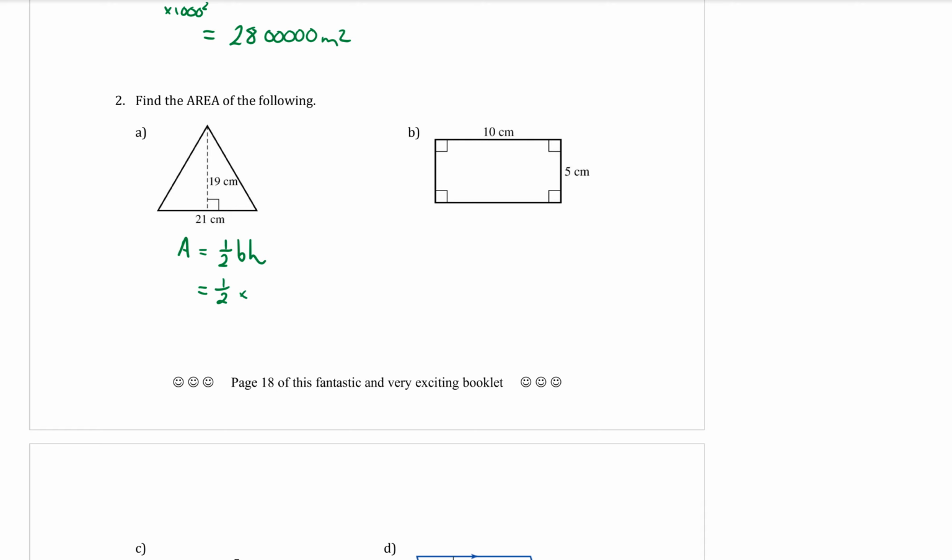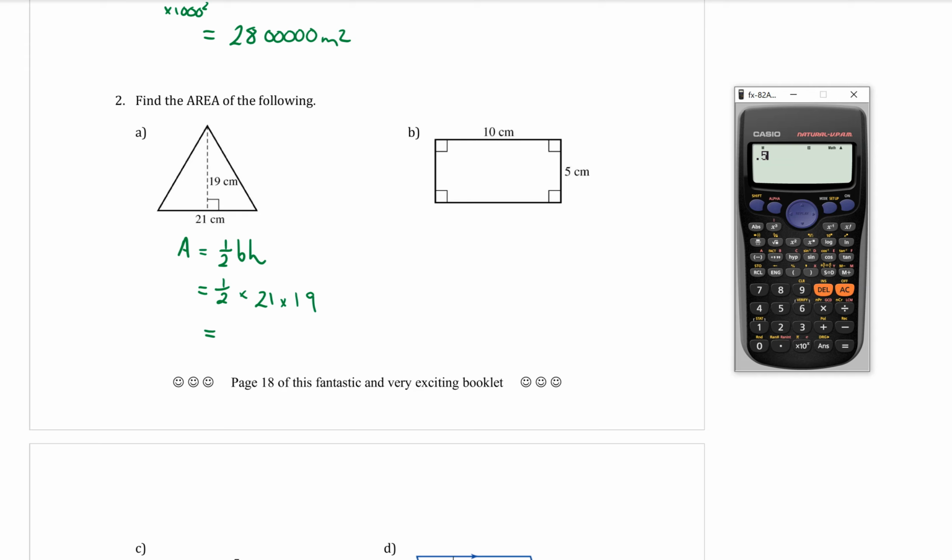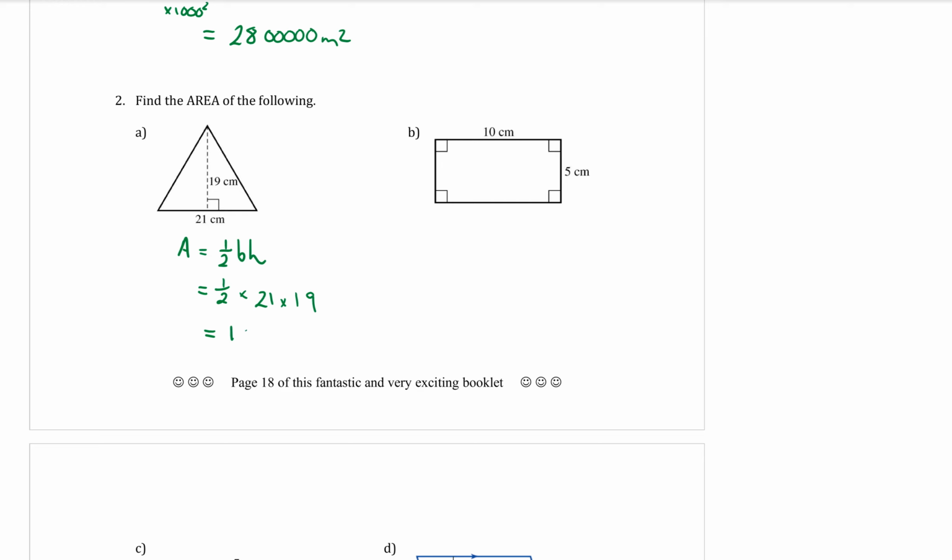So half times 21 times by 19. 199.5, and these are centimeters squared when you do area.